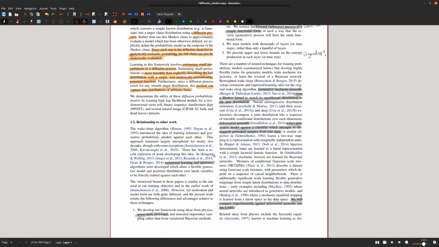I guess the way that I think of it is more from a dynamical systems point of view, where you have a path from your distribution to an isotropic Gaussian.